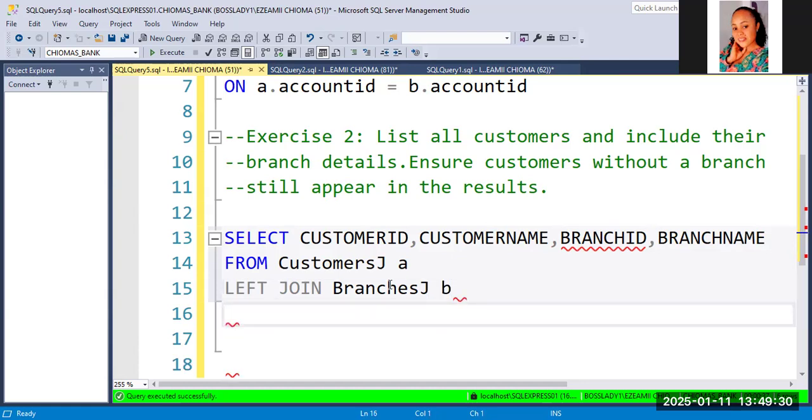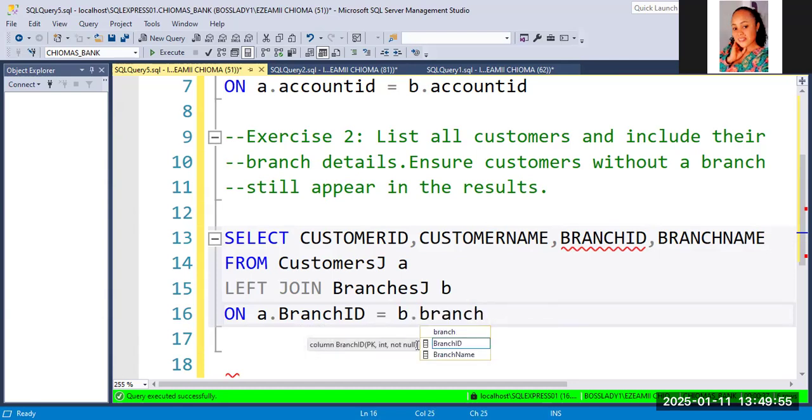Okay, so we're going to join on branch ID, all right? Let's join A dot branch ID equals to B dot branch ID.